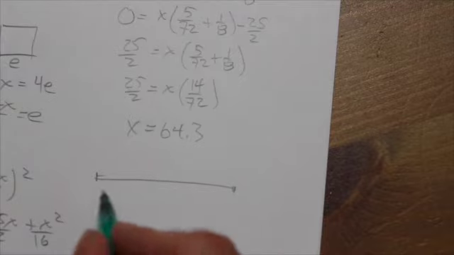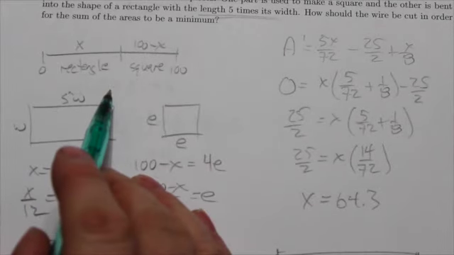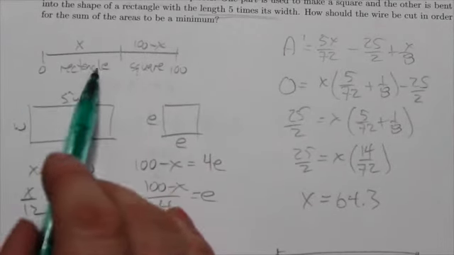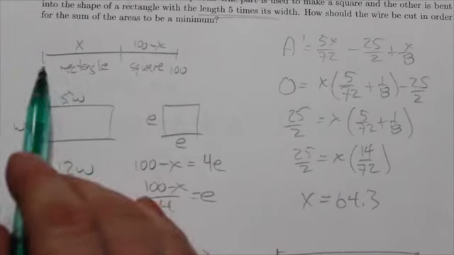For how much of this wire I commit to the rectangle, I could commit either 0 to it, all 100 of it, or just some x to it. So x is the rectangle here.